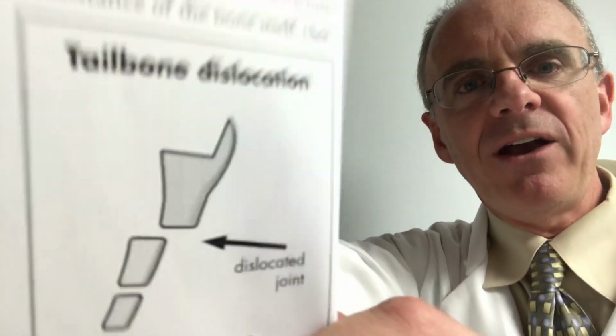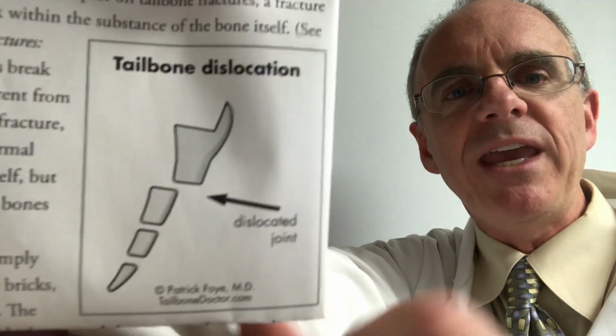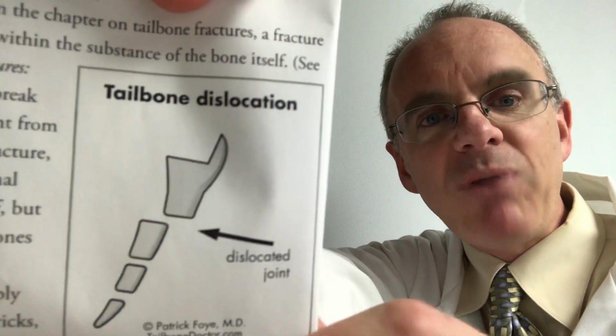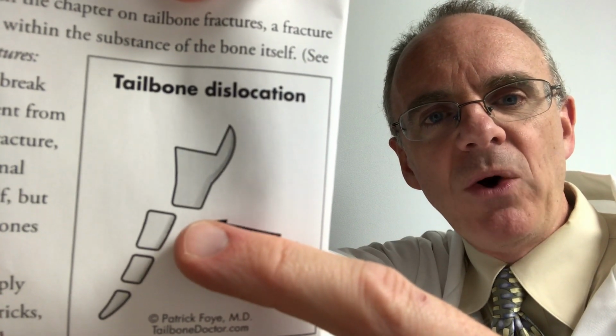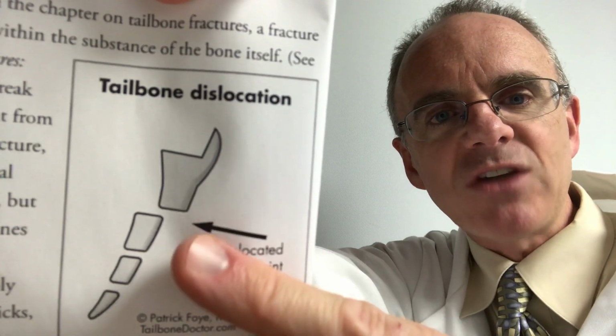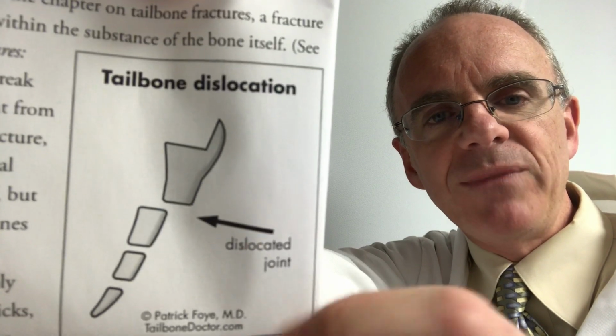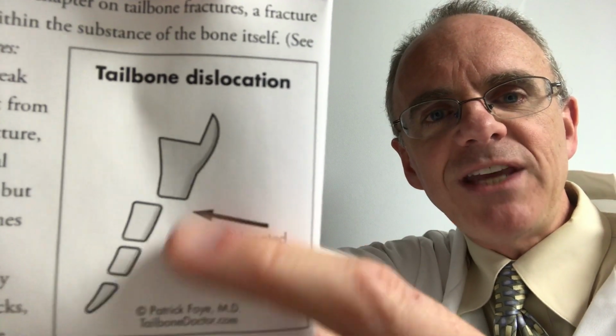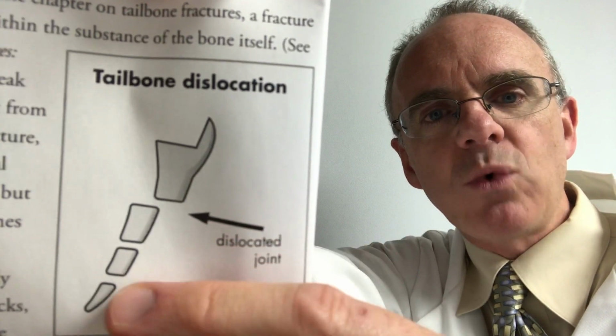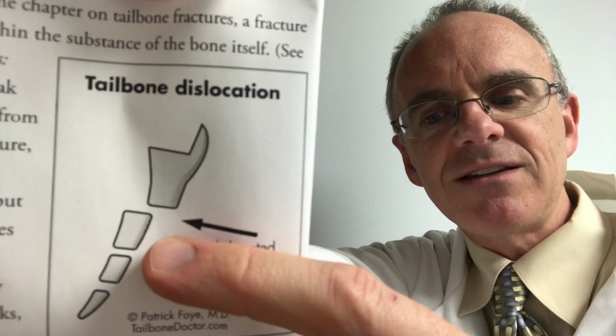Here's an image from my book. This would be showing a partial dislocation where this bone is no longer lined up with the bone beneath it. It's almost a complete dislocation in this illustration here. But the thing I'll call your attention to is that each of the individual bony segments is intact.